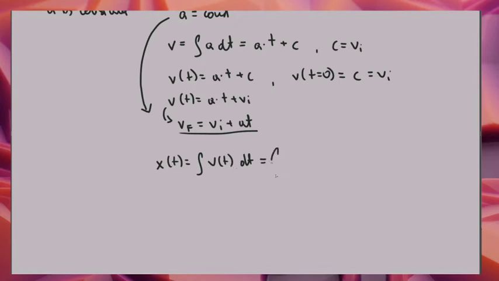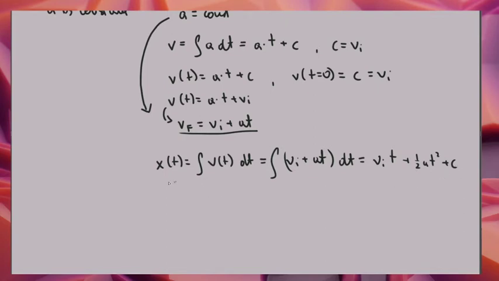And so we'd have vi plus at, the function for the velocity, dt. Now if you run this through, you end up with vi t plus half a t squared plus a constant from the integration, some kind of a c.